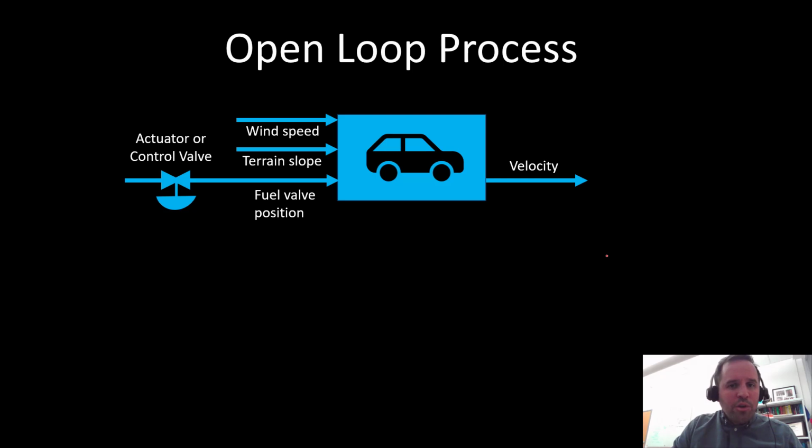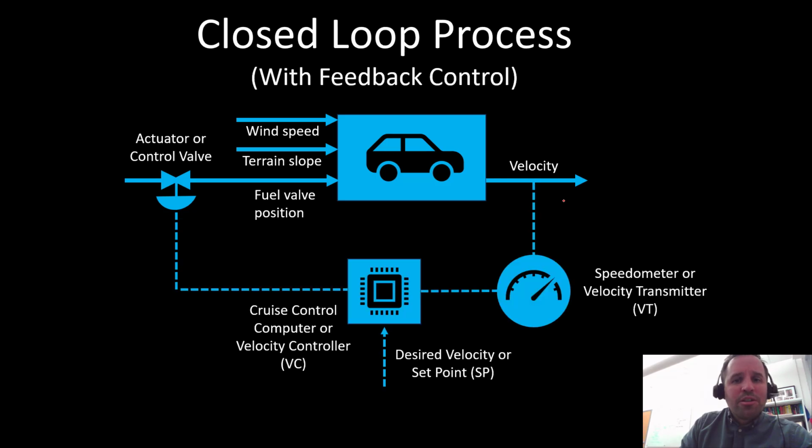So just a quick review, to look at this open loop process, we would be directly setting the fuel valve position, and then you're sort of just getting whatever velocity you get. So notice this is called an open loop process, and this might make more sense when you see the closed loop process again.